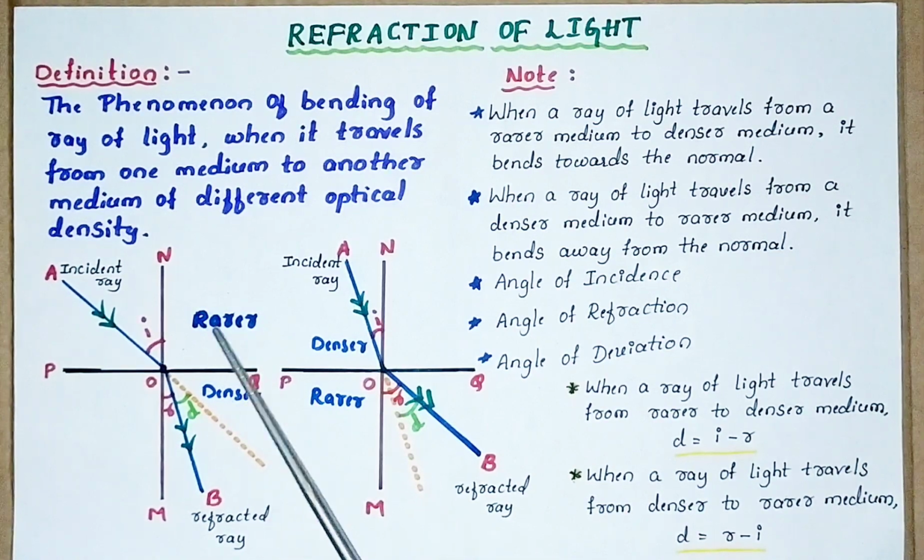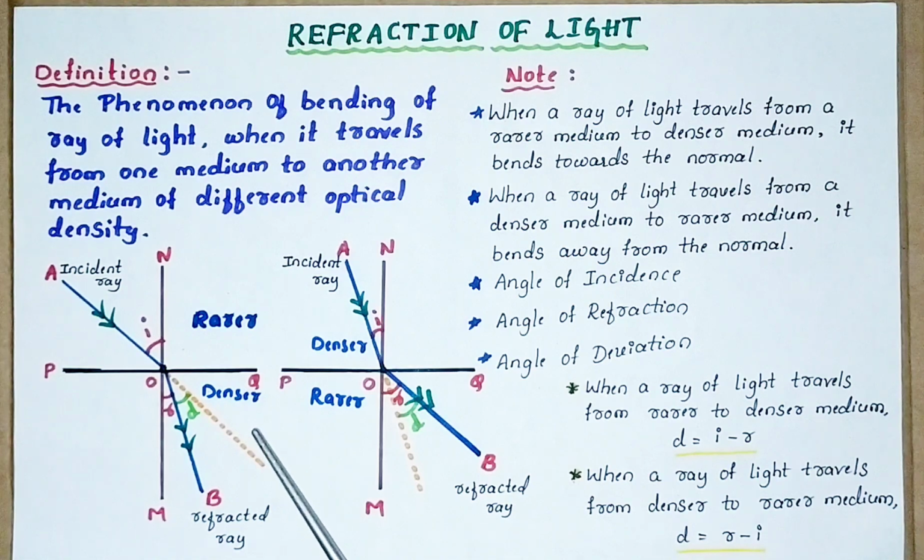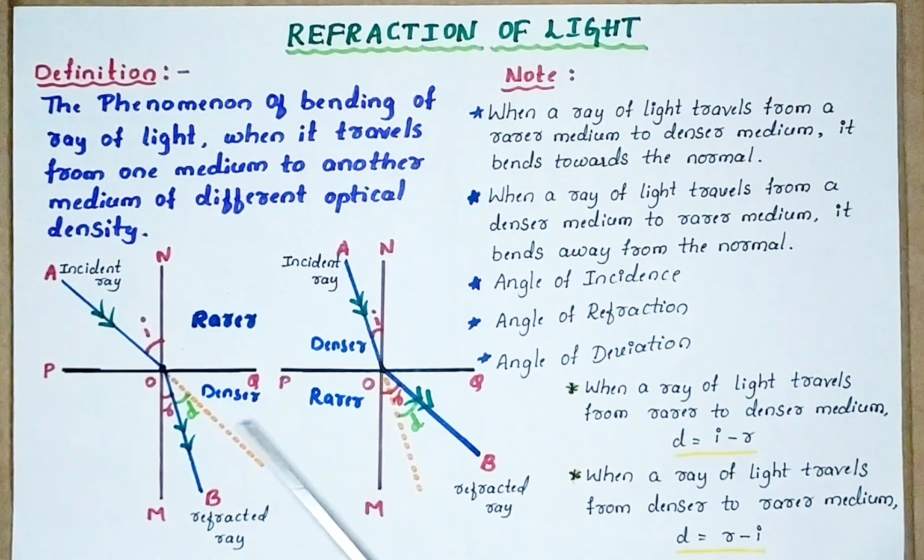Here in the first diagram, the first medium is rarer. Rarer means low density, and the second medium is denser, means high density. But in the second diagram, first medium is denser, second medium is rarer. Remember 2 points. When light is traveling from rarer to denser, speed of light decreases, so it is bending slowly towards normal.